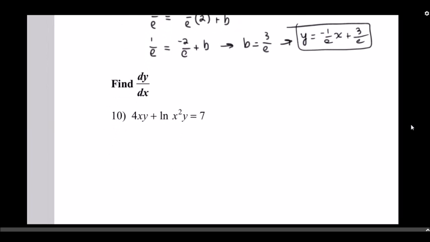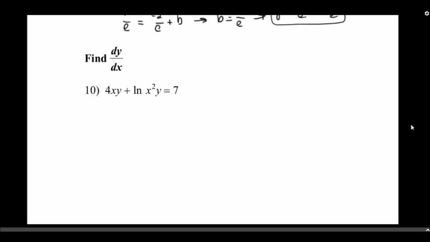Okay, question 10 may not necessarily have been exactly like one of your homework questions in Chapter 4, but it does apply principles that we learned in Chapter 4, plus a few things that we're still struggling with from Chapter 2, implicit differentiation. We're trying to find dy/dx, so we're differentiating with respect to x, but our equation is defined in terms of x and y.